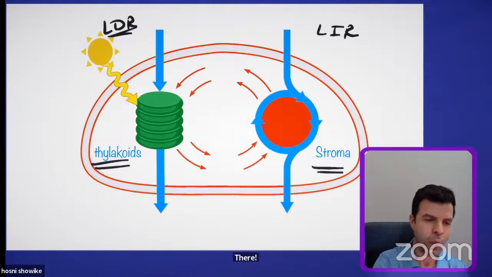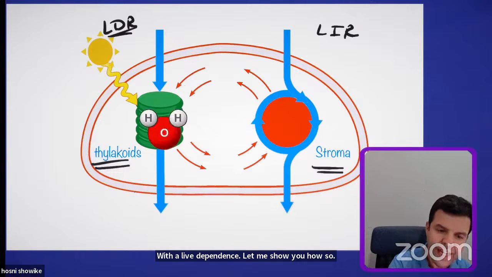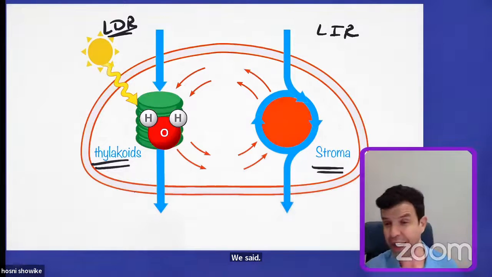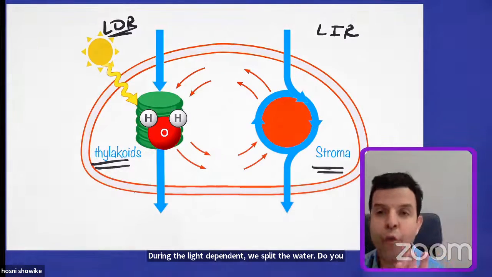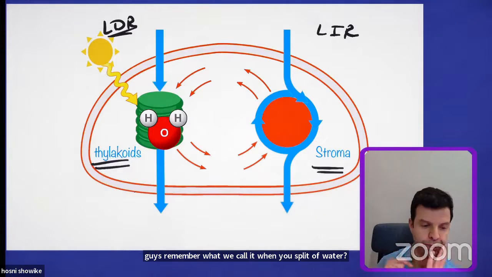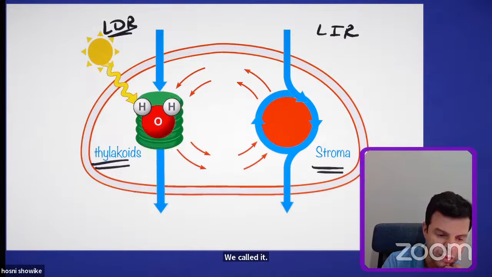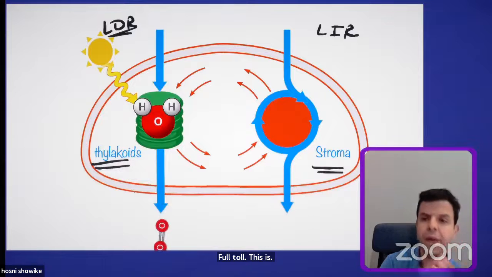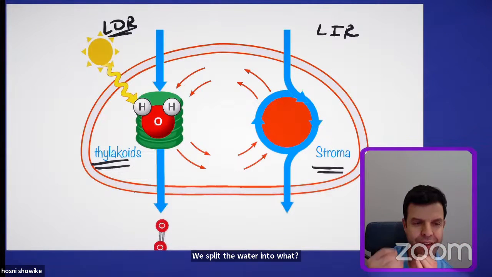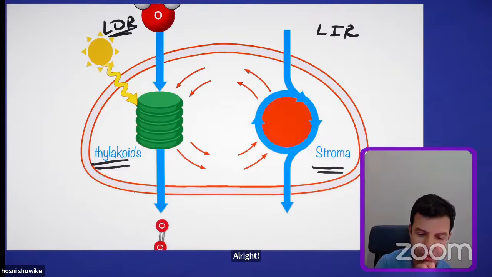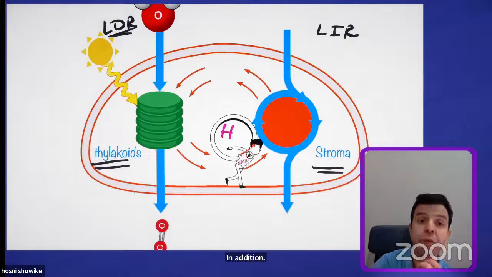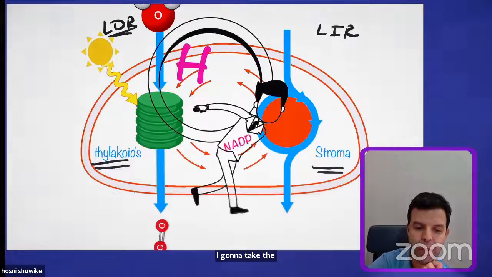So we said during the light-dependent, we split the water. Do you guys still remember what we call it when you split a water? We called it photolysis. We split the water into what? Oxygen, a waste, right? In addition, I'm gonna take the hydrogen ions with the help of this guy. Do you remember his name?